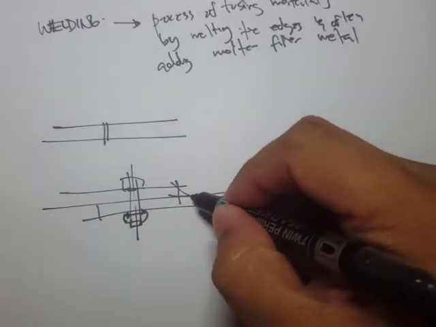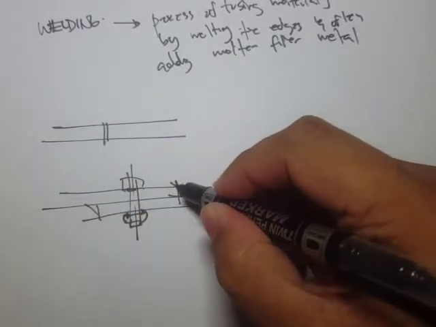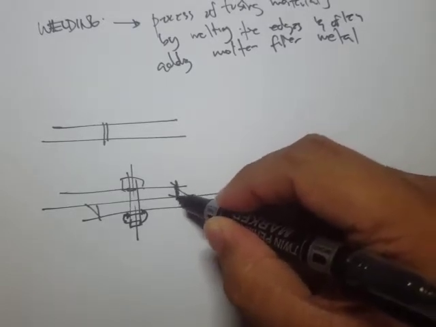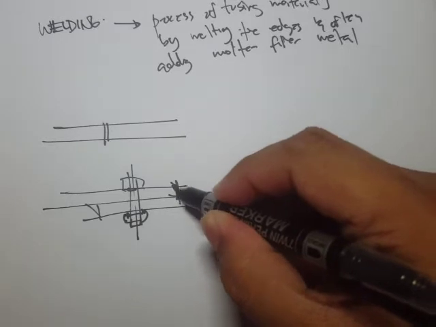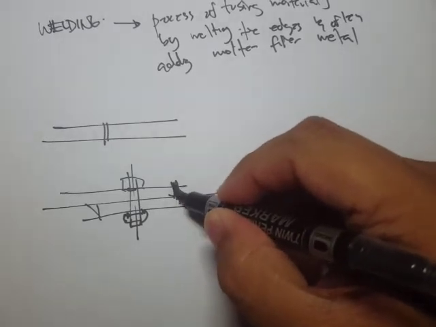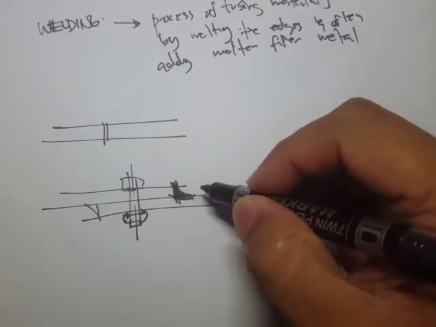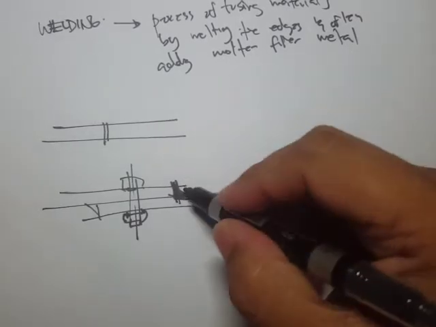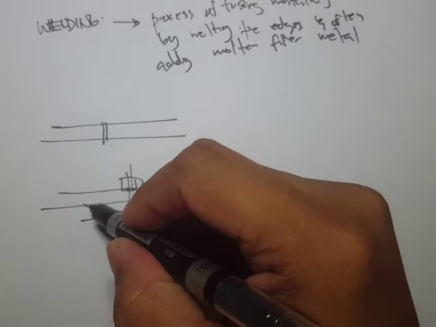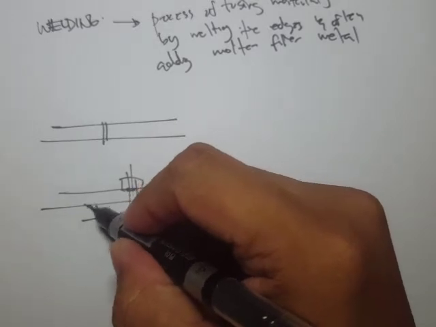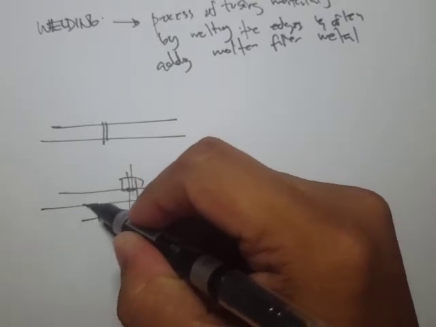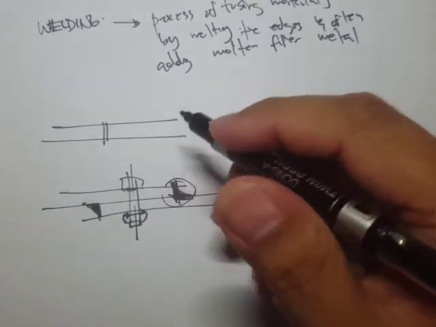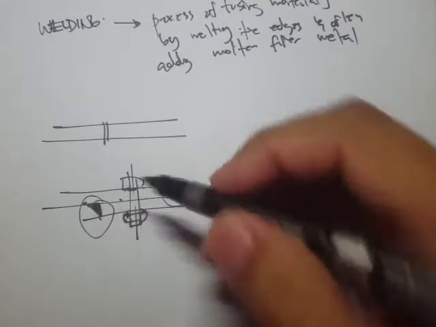But for welding, it is just melting this metal and this part as well, and in some way they are bonded or fused together because it is heated up, so they melt and then they bond together.